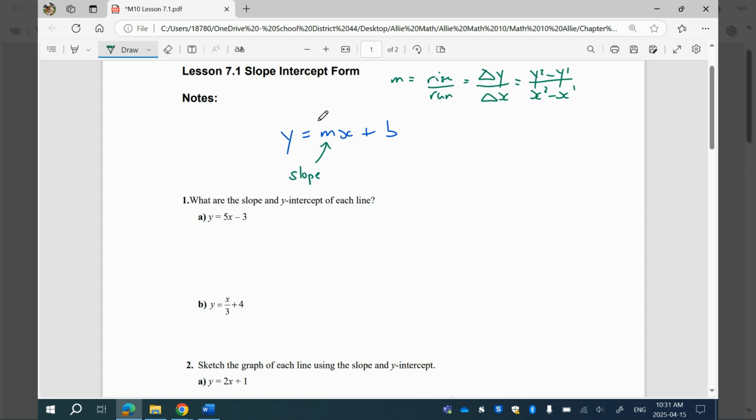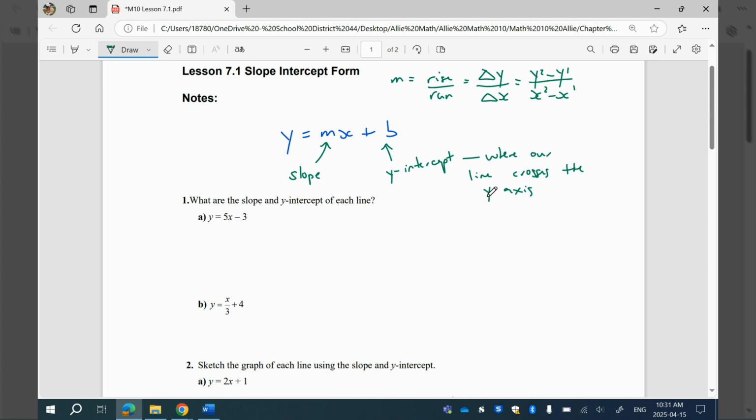So this m represents slope, and then the b, you might see it as a negative, but we always call it y equals mx plus b, is our y-intercept, or where our line crosses the y-axis.